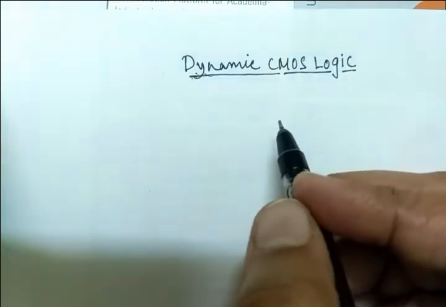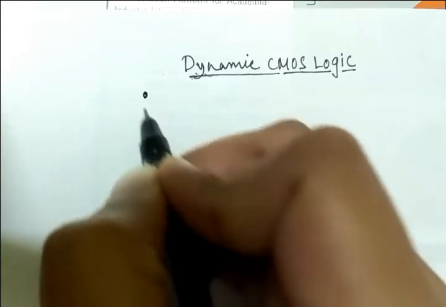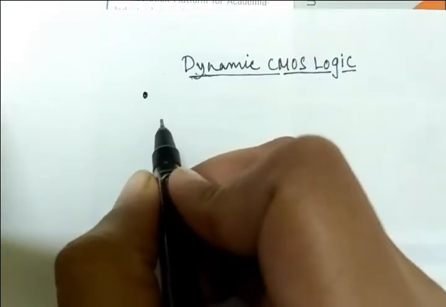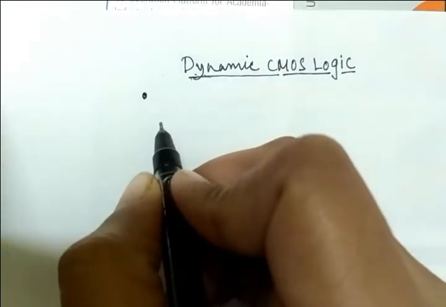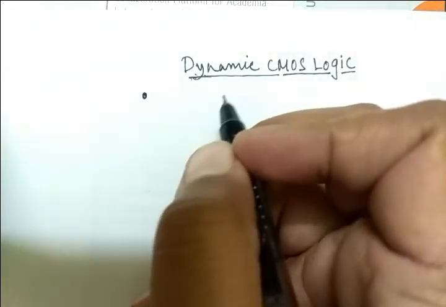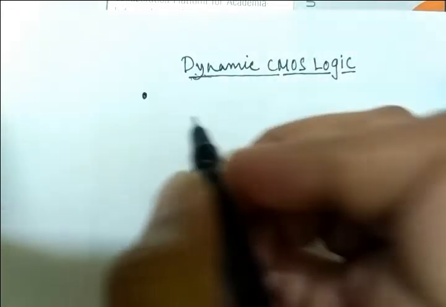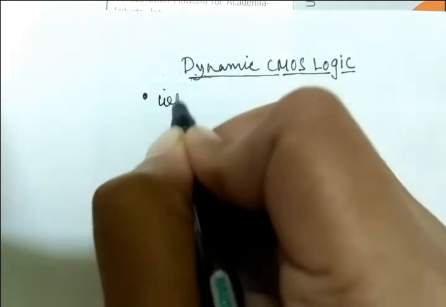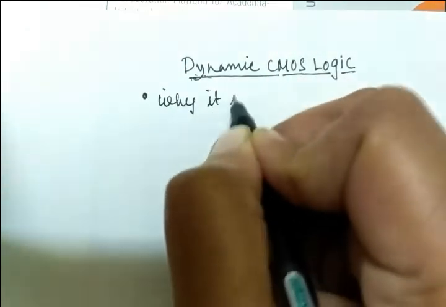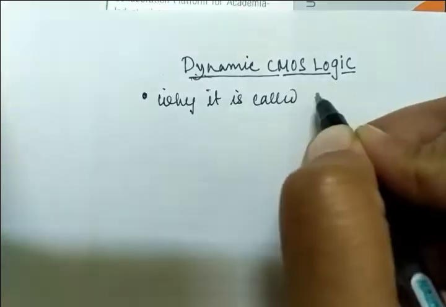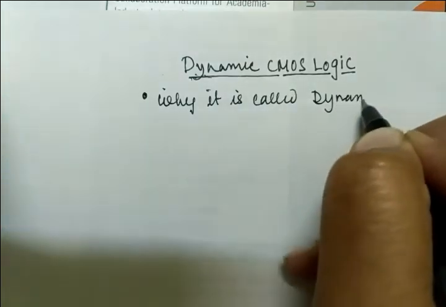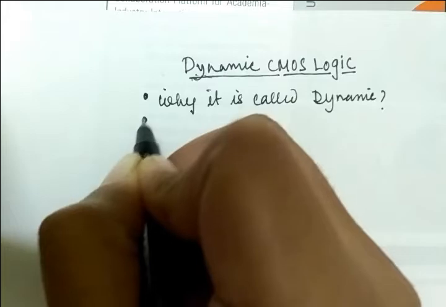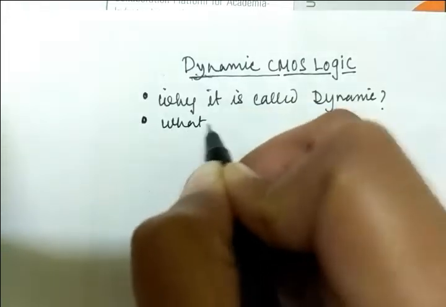And before going to the discussion, I must highlight the key areas that will be discussed under this category. So under dynamic logic circuits, we will discuss the following. First, why it is called dynamic logic circuit, right? Why it is called dynamic? Second, what are the advantages?